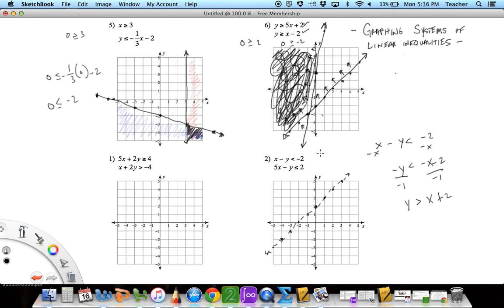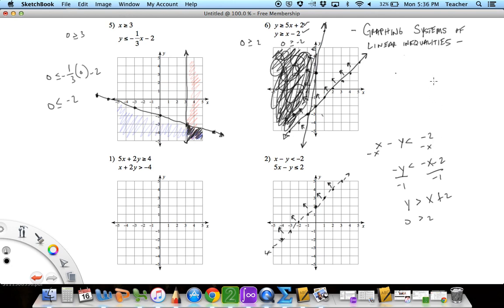Now we're looking at 2 problems on one plane. So now we're going to shade that area. I'm going to use the arrow technique because I think that's a nice way if you're not really shade happy. So we're going to shade up there. I figured that out because, is 0 greater than 2? No. So that means it does not include 0, 0, which means it includes up here.